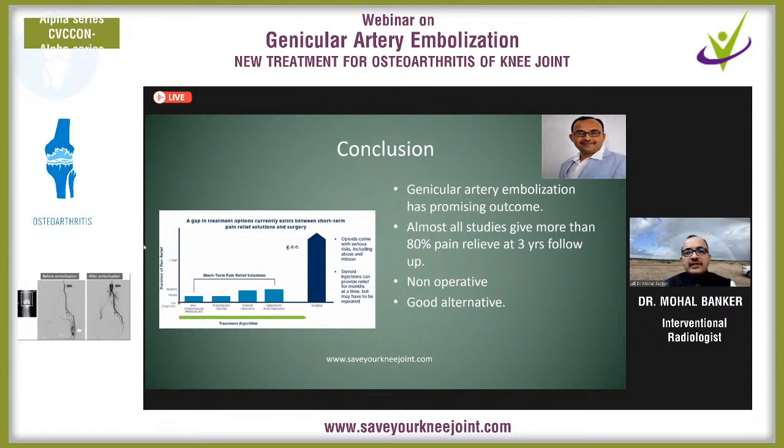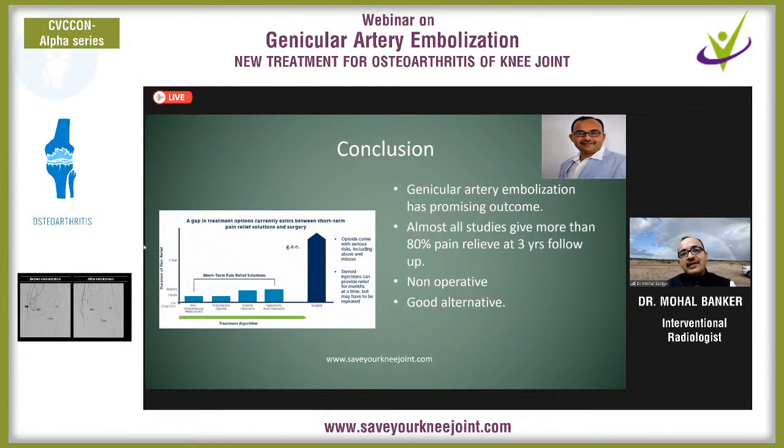So in conclusion, we have seen lots of literature suggestive of more than 80% pain relief with this genicular artery embolization.